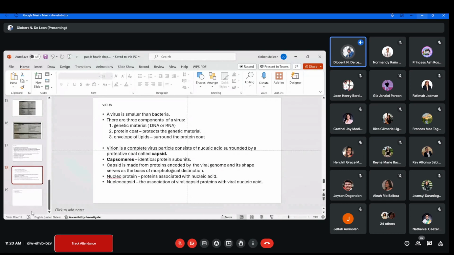And viruses can have a lipid envelope derived from the host cell membrane. The capsid is made from the proteins encoded by the viral genome, and its shape serves as a basis of morphological distinction. Virally coded protein subunits will assemble to form a capsid, in general requiring the presence of the virus genome. And complex viruses code for proteins that assist in the construction of their capsid.